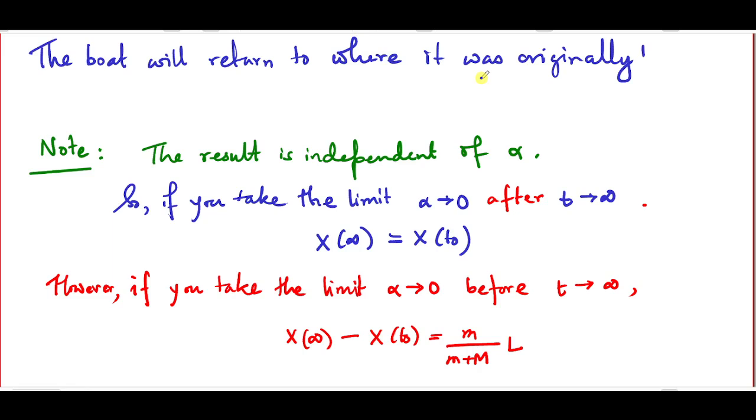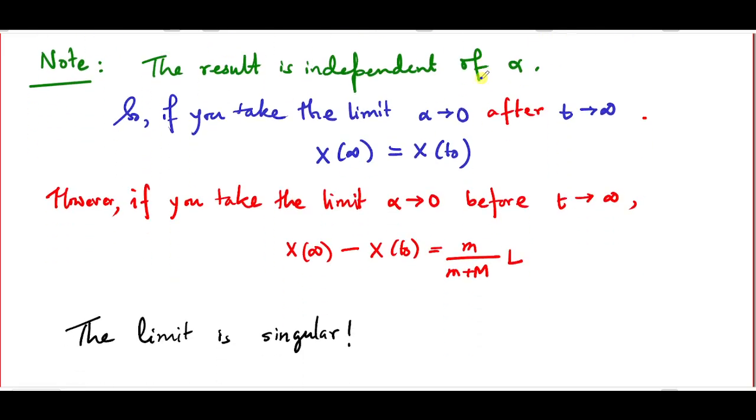So notice that what we have is an example of something which is rather esoteric. A situation where the limit that we obtain after you take two limits, alpha going to 0 and t going to infinity, depends on the order in which the limits are being taken. This is an example of something which is quite common in advanced mathematics and not something that we find that often in physics, although we do find it in some rather important situations.